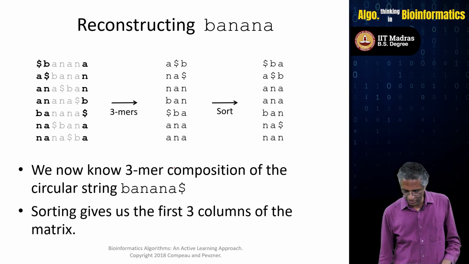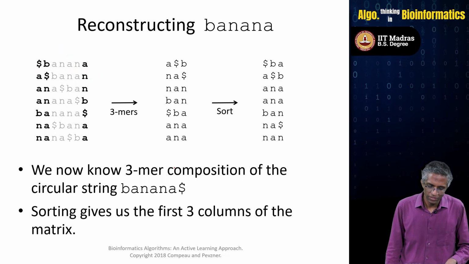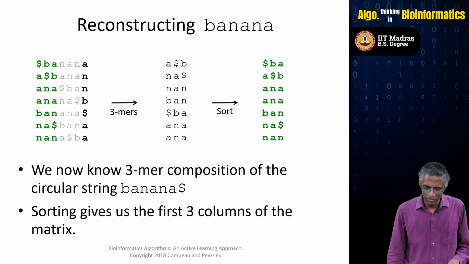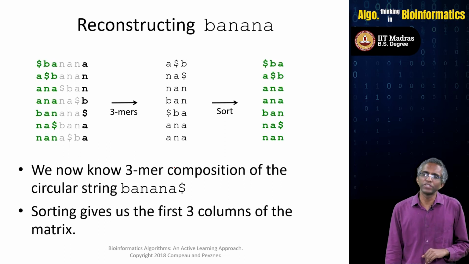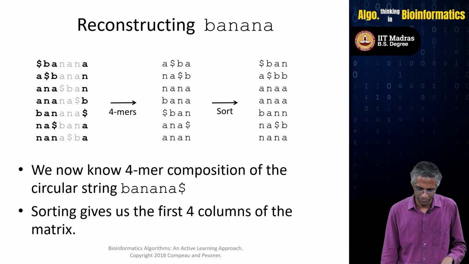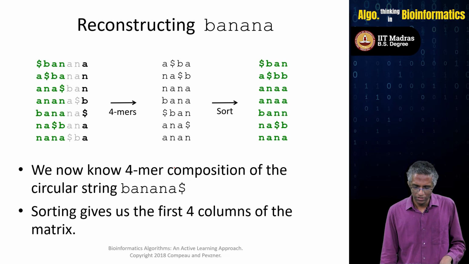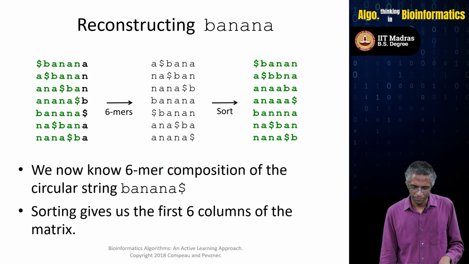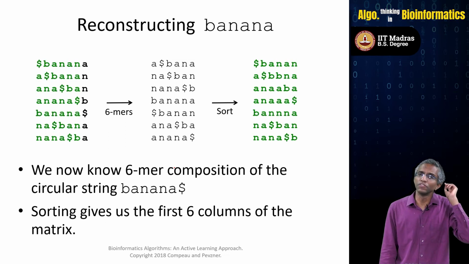I sort them, and I will get the first three columns of the Burrows-Wheeler matrix. And then I can iterate this procedure and I will get all the columns. 4-mers, 5-mers, 6-mers, and I know all the columns.